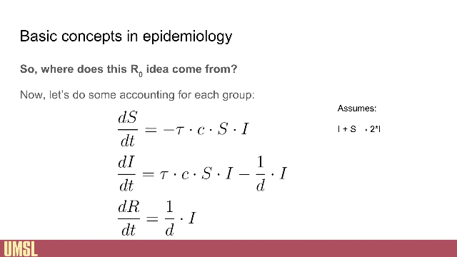And what I am getting at here is that if we go back and look at this, tau times c, essentially that is a rate constant.